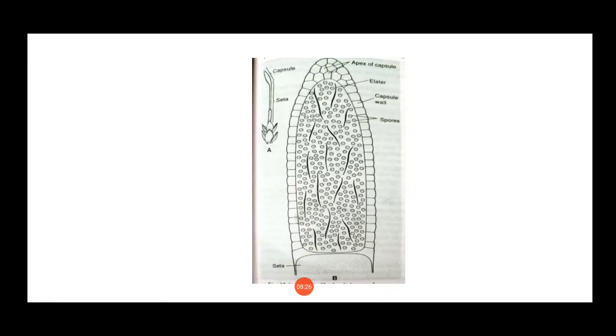The capsule is terminal in position and is surrounded by a massive calyptra when young. The mature sporophyte is differentiated into foot, seta and capsule, and the capsule wall is unistratose except at the tip.